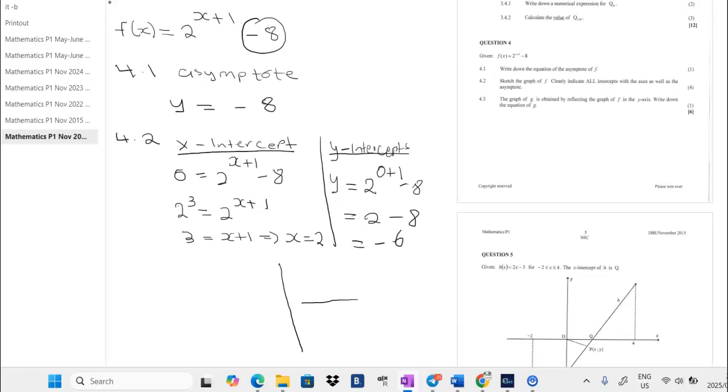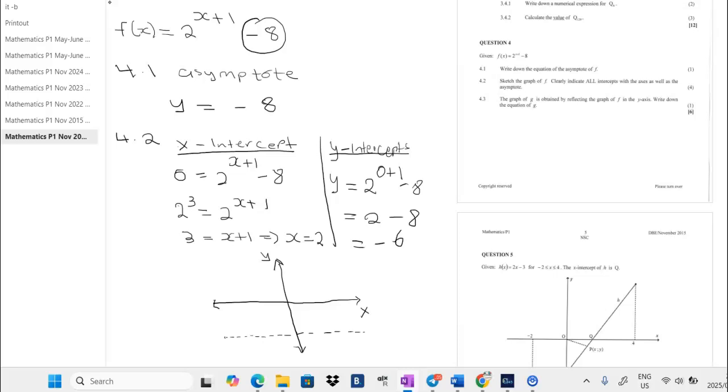This is our Cartesian plane. We have the x-axis and we have the y-axis. Our asymptote is -8, which is going to be somewhere here. And remember, our asymptote is represented with a dotted line. It is a line that the graph will never touch.